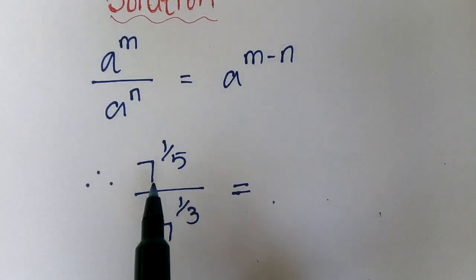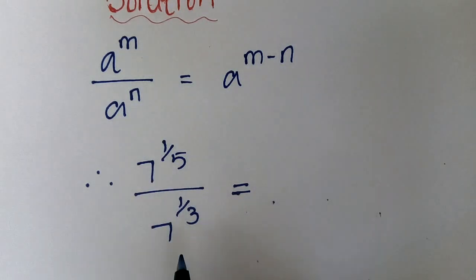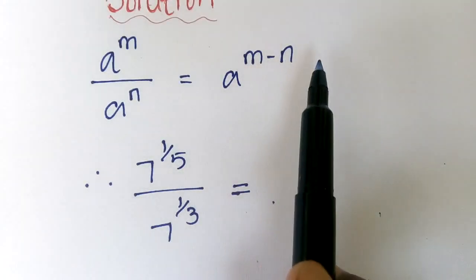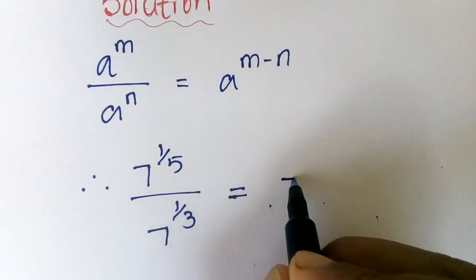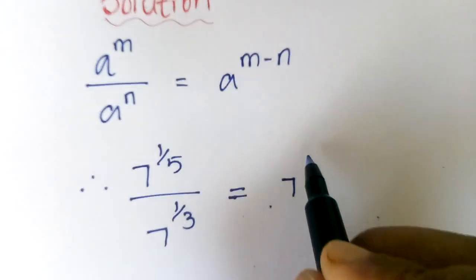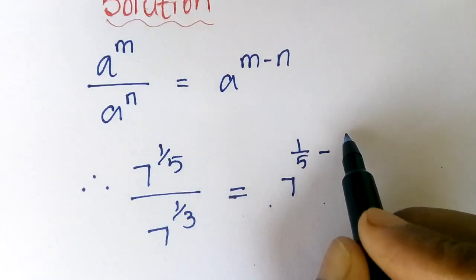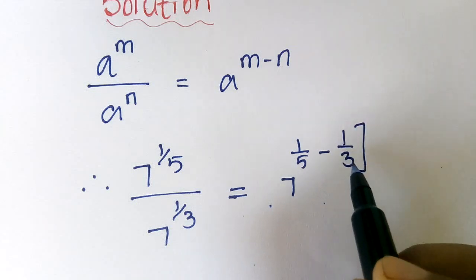Therefore, 7 to the power 1 by 5 divided by 7 to the power 1 by 3 is equal to a to the power m minus n. a is 7. So 7 to the power m, m is 1 by 5, minus n, n is 1 by 3.